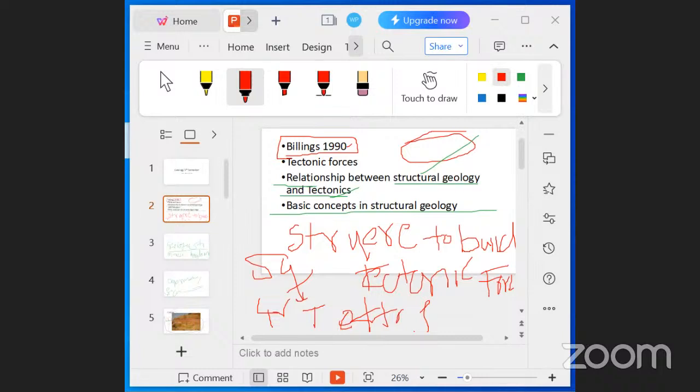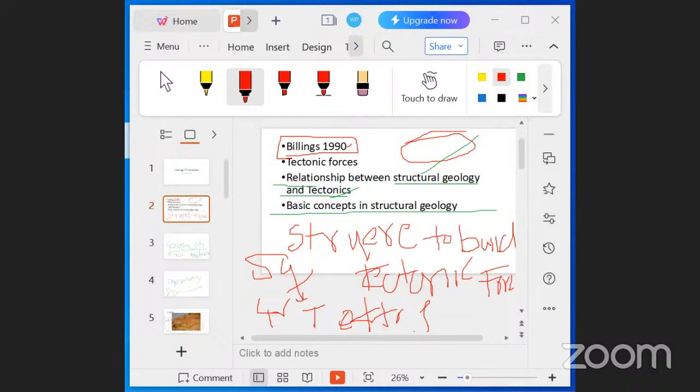And the basic concepts of structural geology, and also layers, beds, bedding planes, lamination and stratification, right? In that we have two foliations, primary and secondary foliations, and also intrusions and deformations.